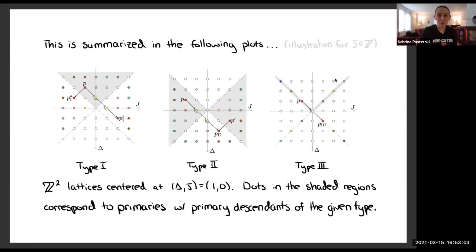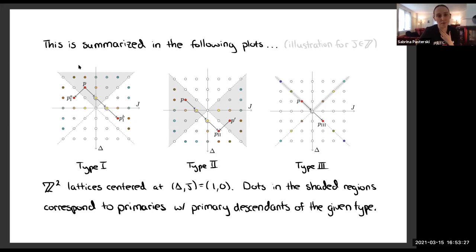Before going to the celestial CFT story, I want to draw the plots that are appearing here. Type 1, type 2, and type 3 have the parent primaries in different ranges of delta and J. The plots I've drawn assume that J is an integer, which is where you would naturally have the dots aligned, centered at delta equals 1, J equals 0.